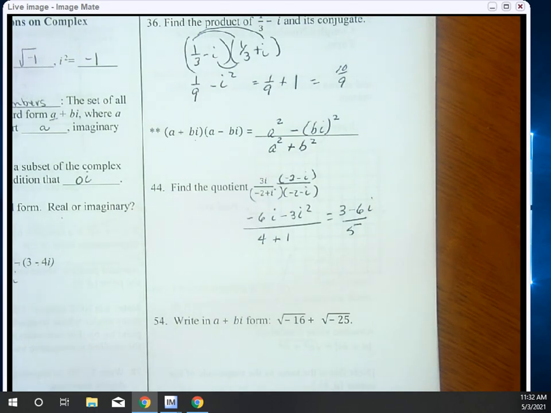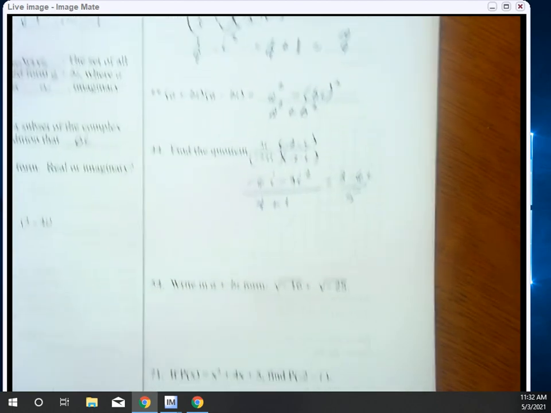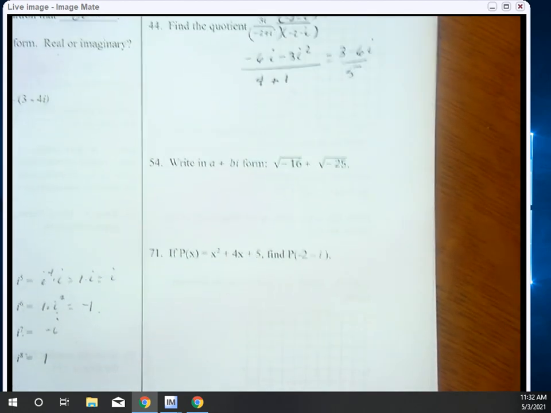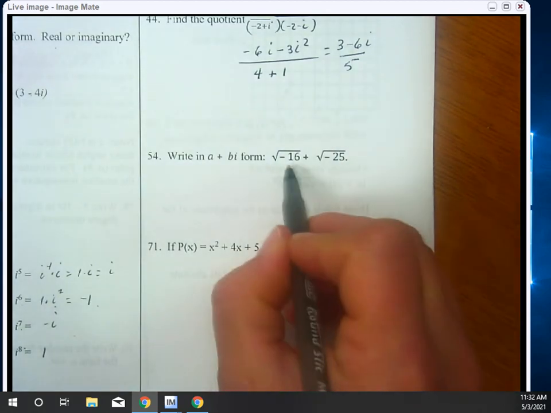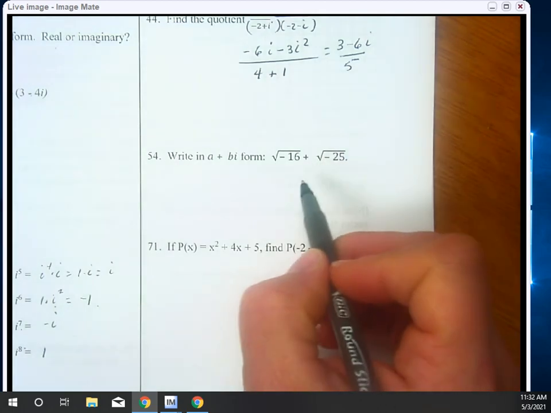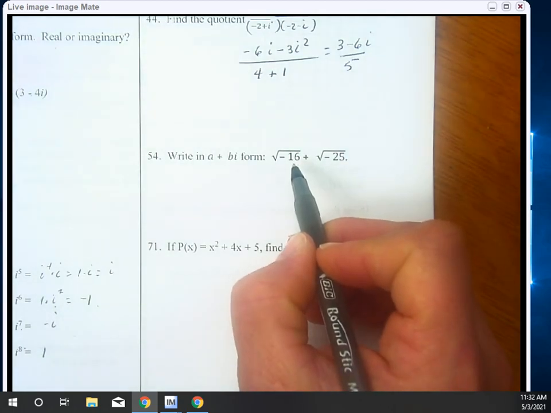When you are dealing with imaginary numbers, you have to deal with the imaginary numbers first. And if you see the little proof where 1 plus 1 is 3, it's because of imaginary numbers. What is the square root of -16?